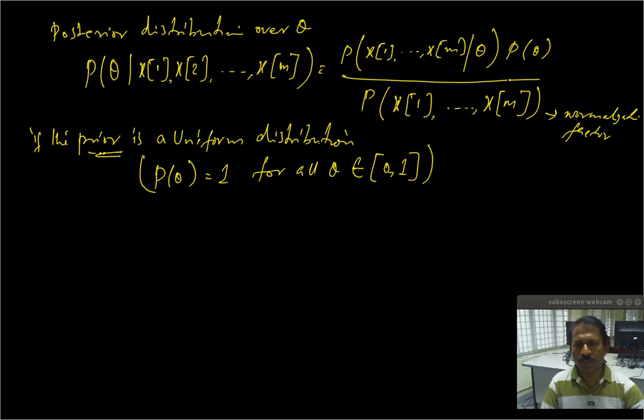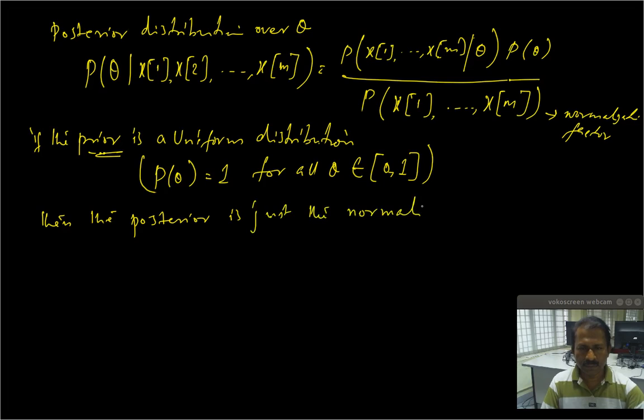So if the prior is a uniform distribution, then the posterior is just the normalized likelihood function.